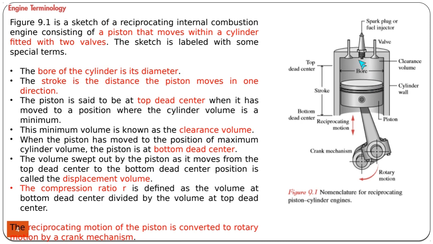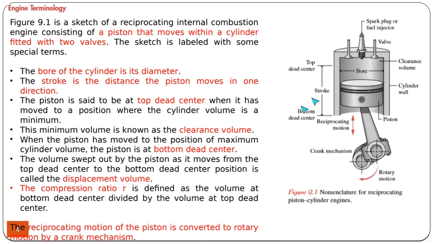Because the piston cannot move up to the highest level, because it cannot have a direct contact with the spark plug, or you cannot have a zero volume here, the minimum volume at the top of the piston is called the clearance volume, and the maximum distance that the piston moves is called top dead center, or just top center, and the lowest distance that the piston moves down is called bottom dead center, or just bottom center.